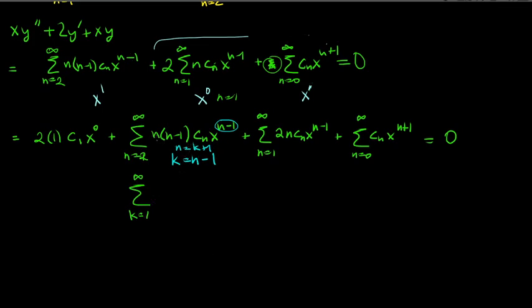And then instead of n, it'll be k minus 1, and instead of n minus 1, it'll be k minus 2. Wait, did I get that backwards? I did get it backwards. n is k plus 1, and n minus 1 is k plus 1 minus 1, so it's just k. So this is a plus 1, this is just k, and this will be c subscript k plus 1, and this will be x to the k.